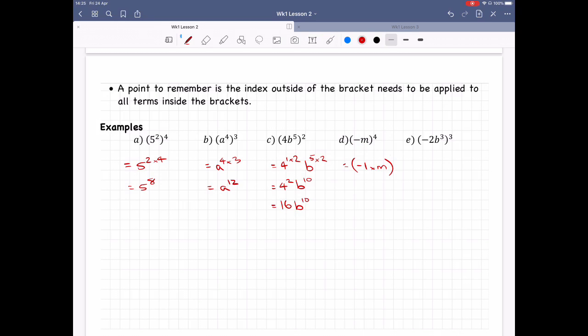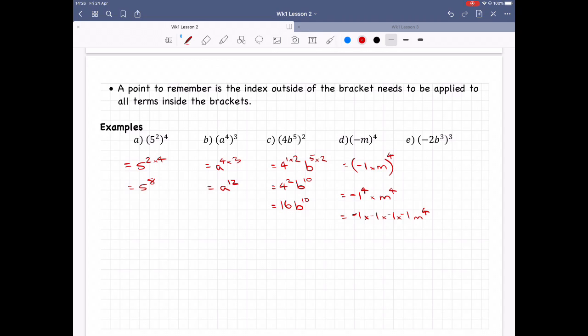So we have got all of this to the power of 4, which means we have, as before, minus 1 to the power of 4 times m to the power of 4. And as before, we can work out what this minus 1 to the power of 4 is. So what we have here is minus 1 times minus 1 times minus 1 times minus 1.